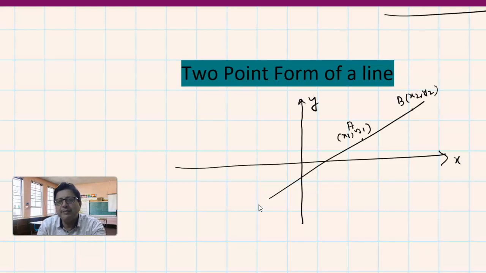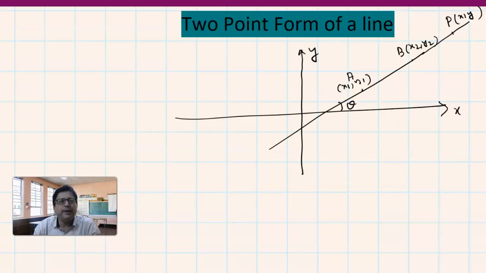You can derive it by any method, but you can find it using collinearity of 3 points, by comparing the slopes of the line segment joining AB and the line segment joining AP.